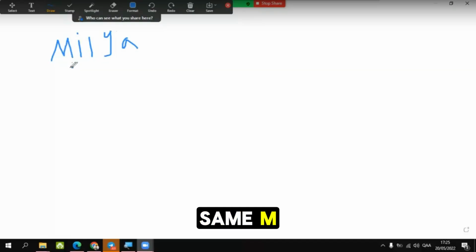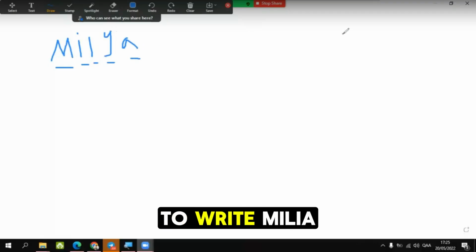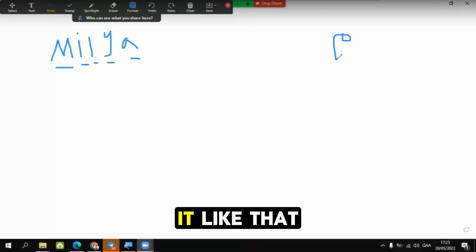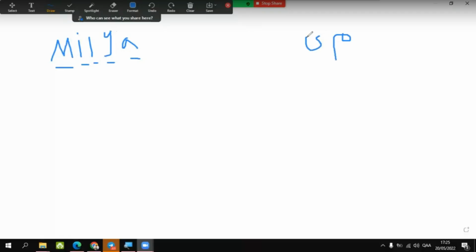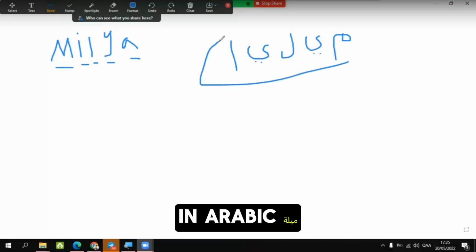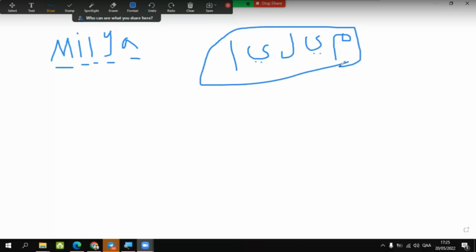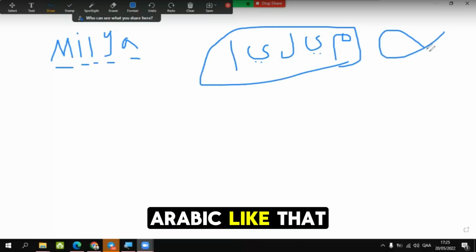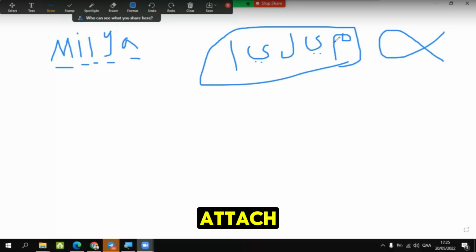But in Arabic, if I want to write Milia, I cannot write it like that, mim, lam, ya, like that. This is the letters of the name Milia in Arabic, but nobody writes Arabic like that. It's wrong. You need to attach these letters together to make it connected.